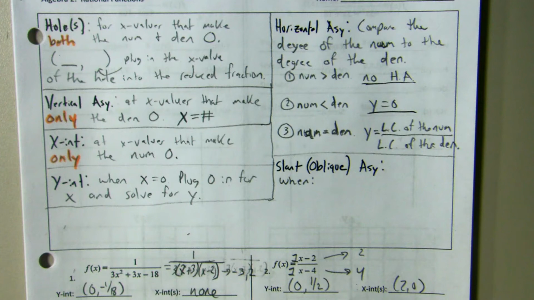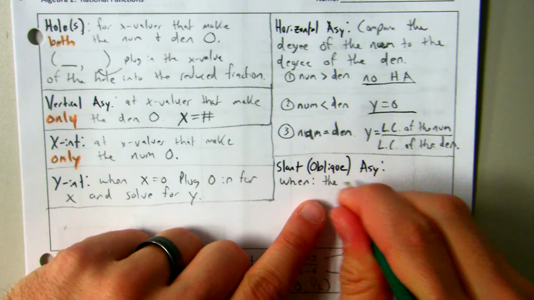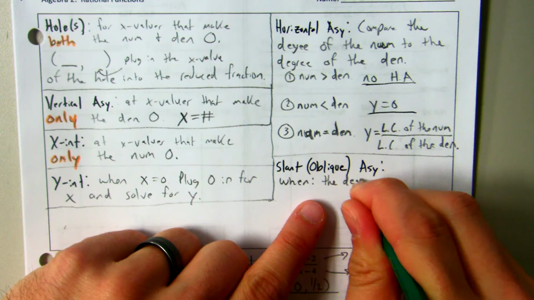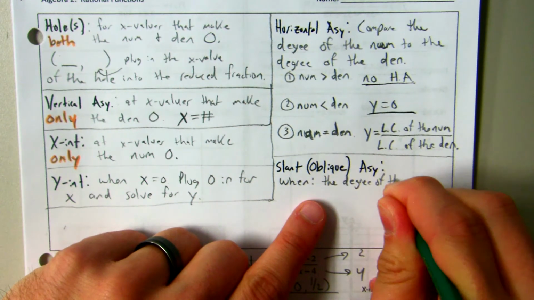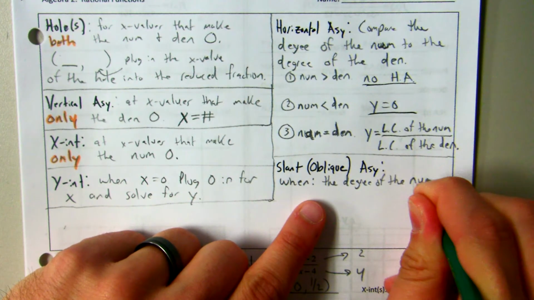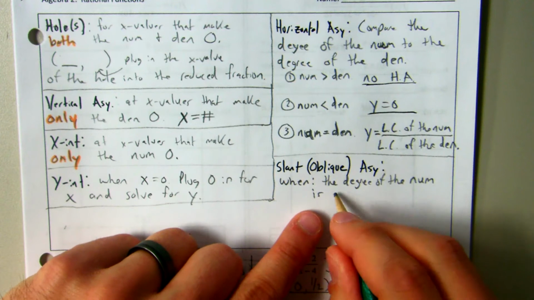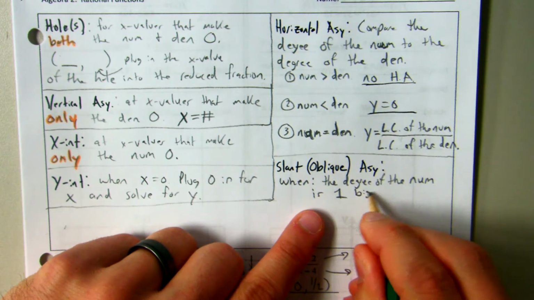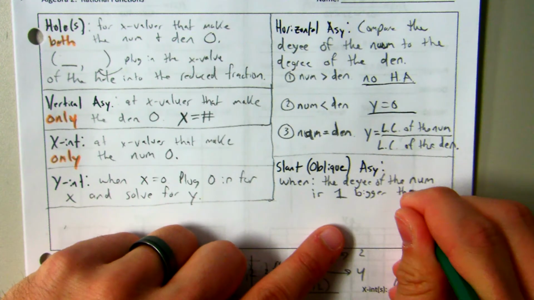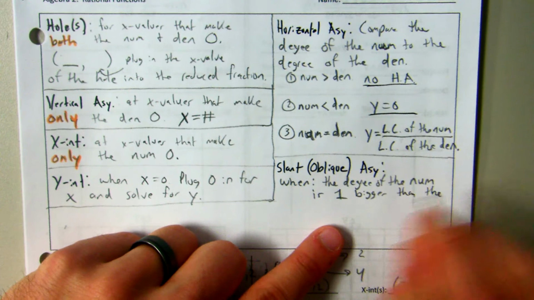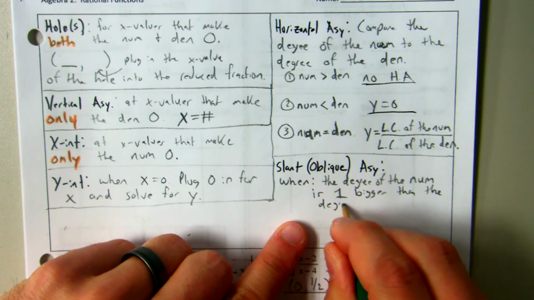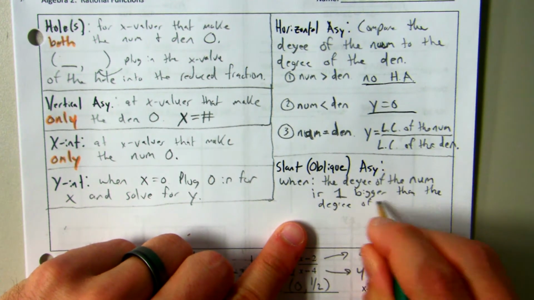A rational function will only have a slant asymptote when the degree of the numerator is exactly 1 bigger than the degree of the denominator.